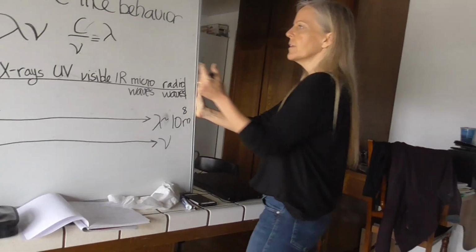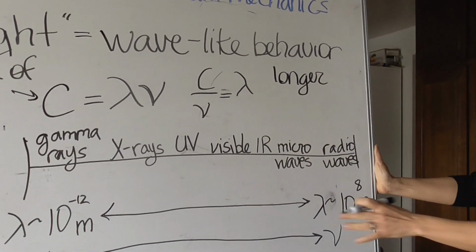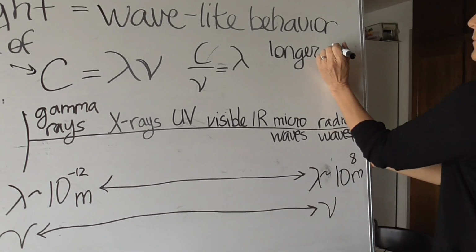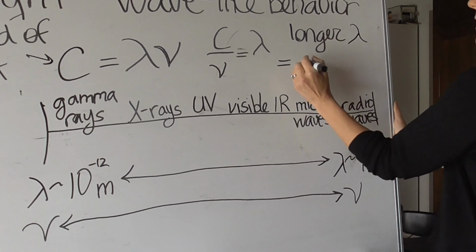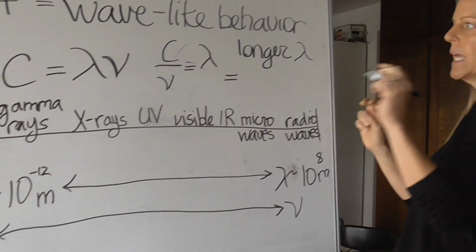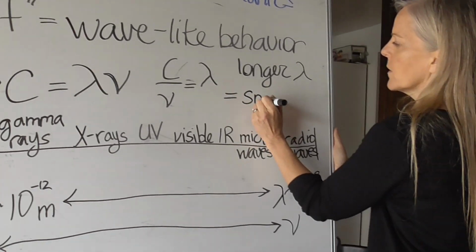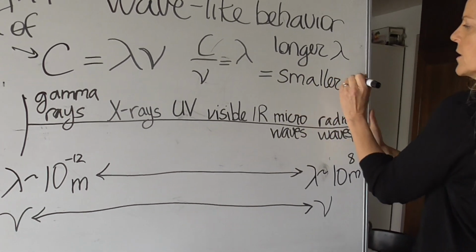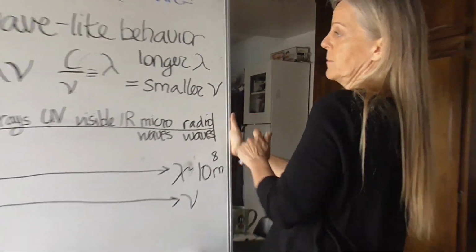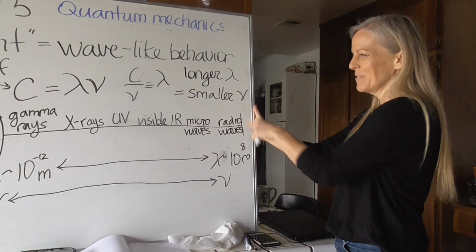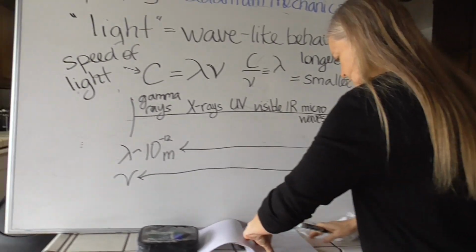For an example, if we had longer wavelengths, then we're going to have, so long means big, so if this is a big number, this is a small number, so smaller frequency values. And again, that's the Greek symbol nu, which looks like a V, but it's actually a nu. That represents the frequency.